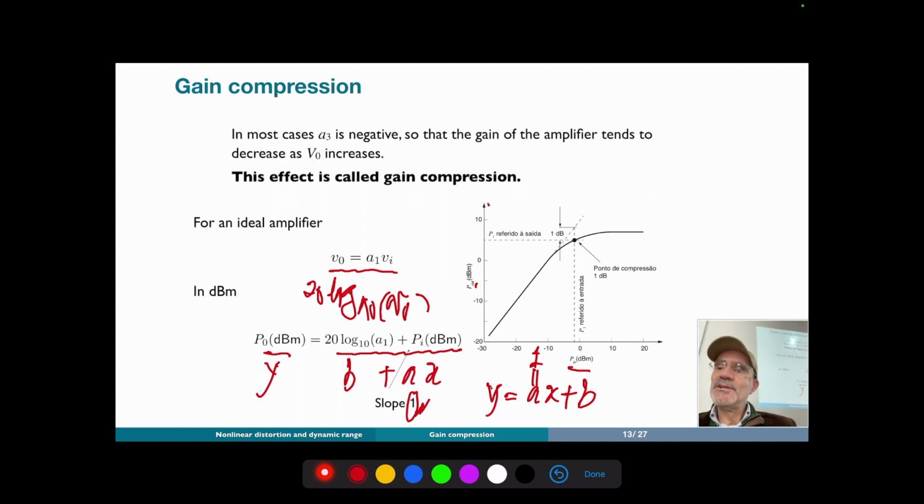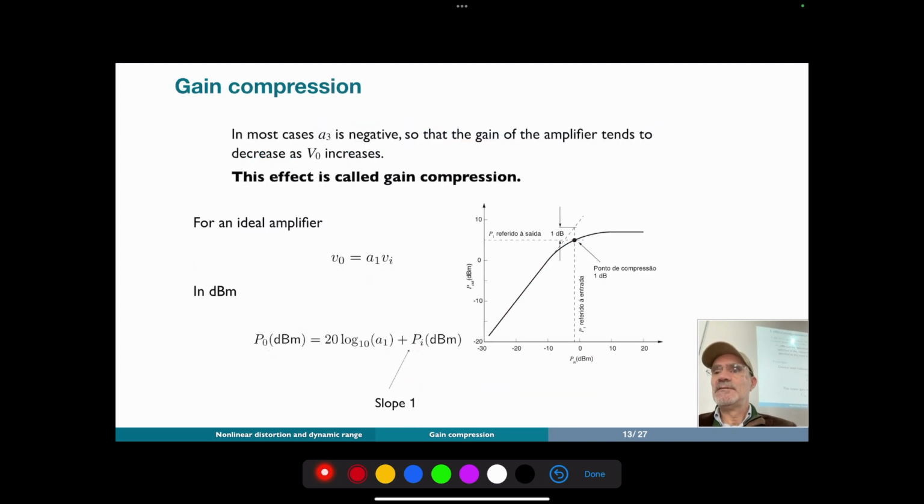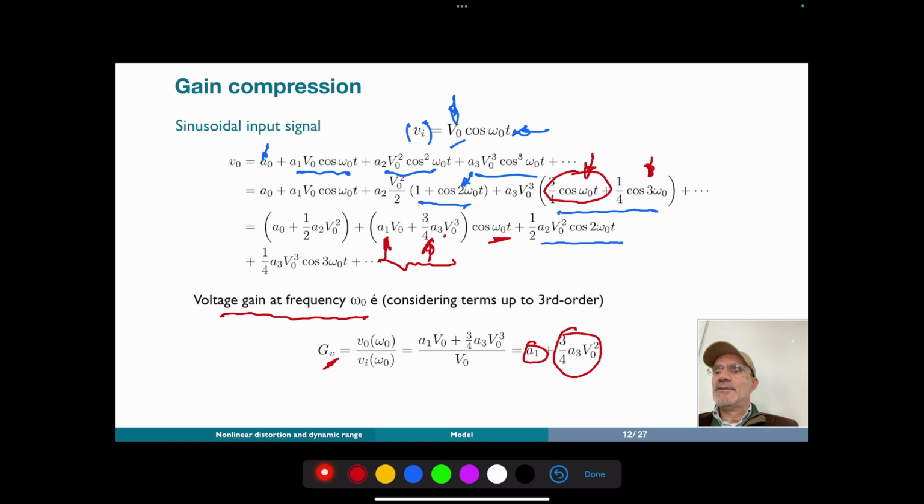And so in this plot, a linear amplifier will be a straight line. But the problem is, this third order term means that the actual gain of the amplifier will deviate from the linear, from the straight line.